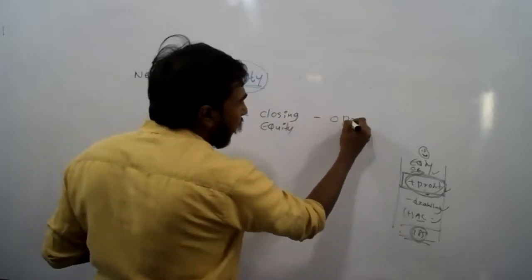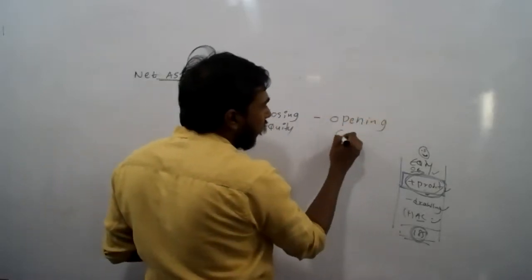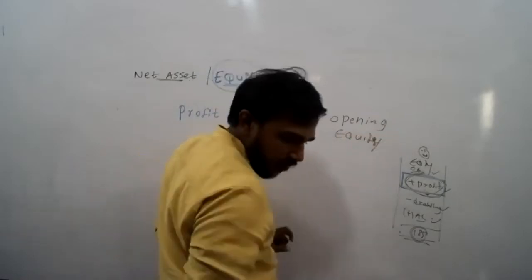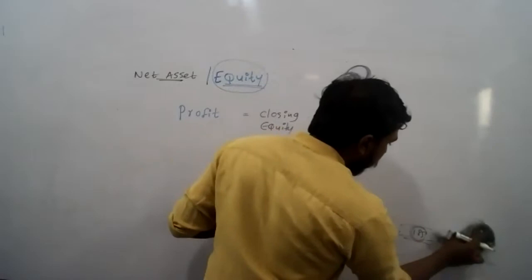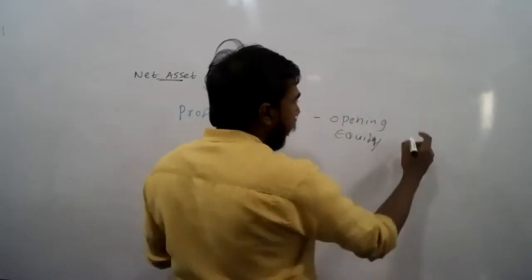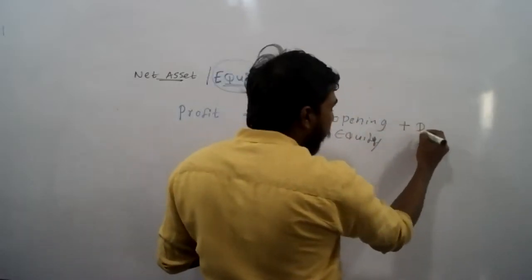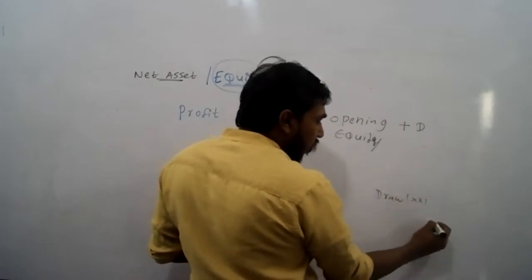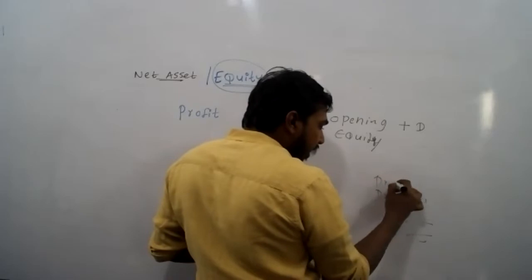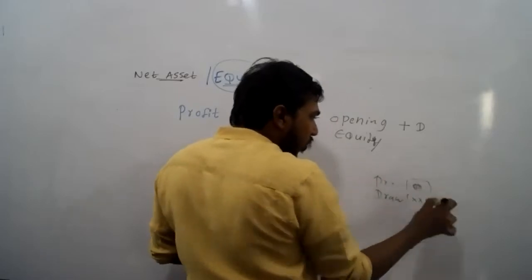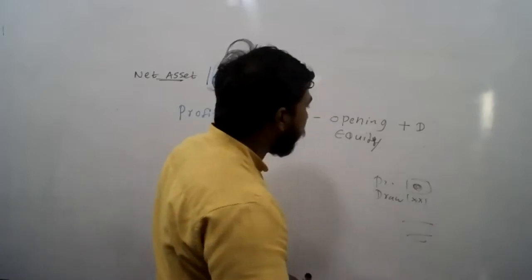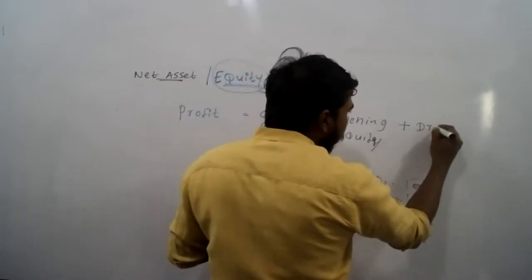Minus opening equity. Then plus drawings, because people subtracted the drawings. To get the profit figure, we have to eliminate the drawings, so we add back the drawings.